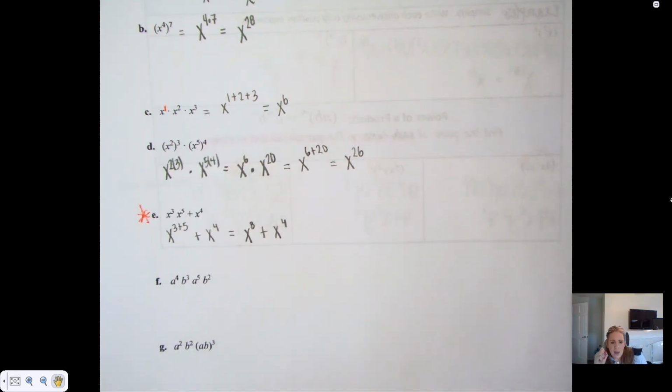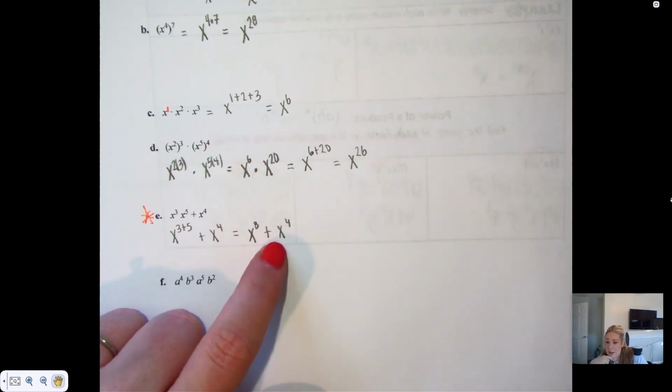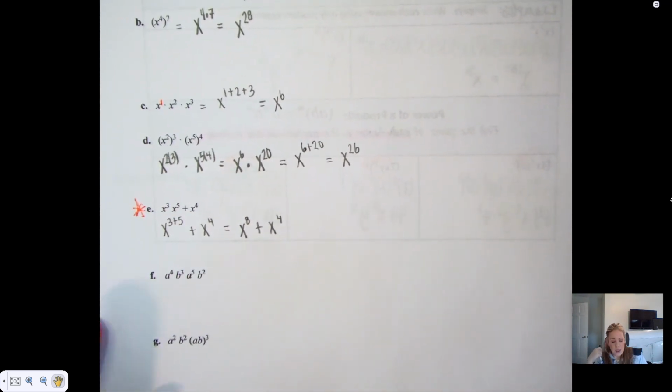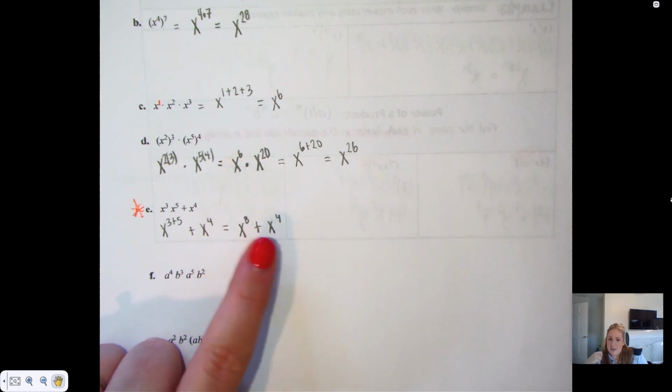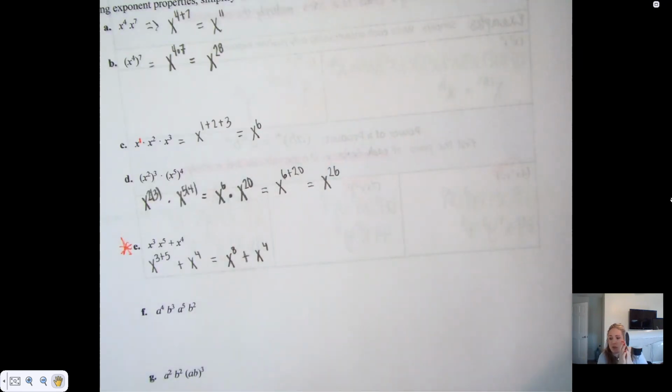All this time, when I've been combining these at this stage, can I combine these when I'm adding? No, you cannot, okay? I made that a big deal, right? So x to the 8th is not the same thing as x to the 4th, okay? You can only combine like terms when you're adding, right? So numbers go with numbers, x squared goes with x squared because you would have 4 x squareds, and then you add 2 more x squareds, and those are all of the same thing, okay?